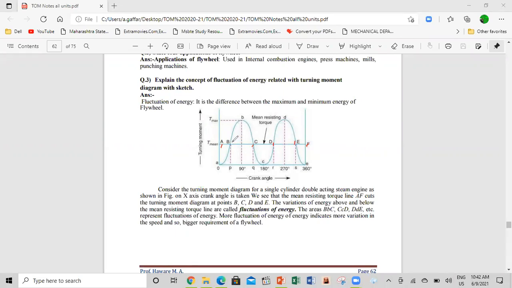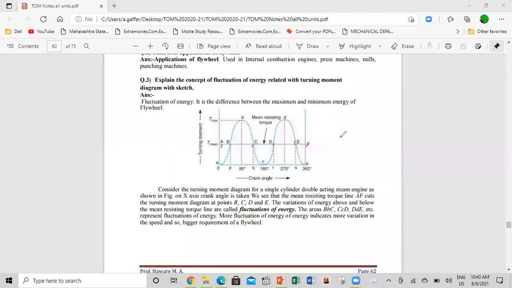First loop is capital B, small b and C. This shows maximum energy, and another loop is capital D, small d and capital E, which also shows maximum energy. And the loop capital C, small c and D shows the minimum energy of flywheel.